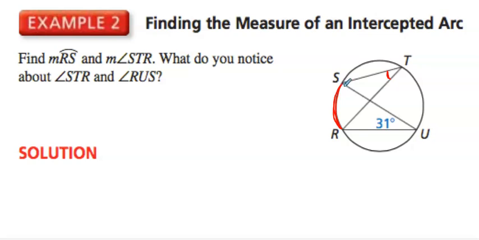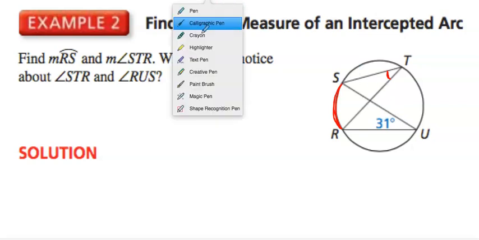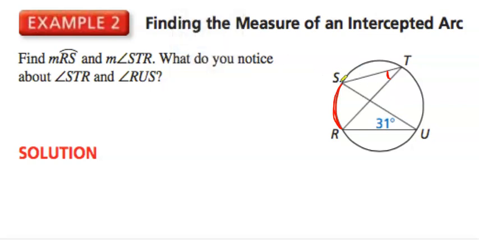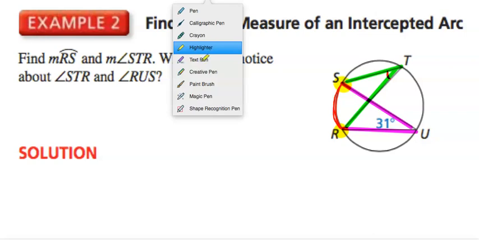They've got multiple triangles and multiple lines going on here, but what's cool about this is, this is the arc I'm looking at, but if you notice, these lines make that arc, and so does, let's choose a different color, this angle also makes that arc, also intercepts the arc RS.